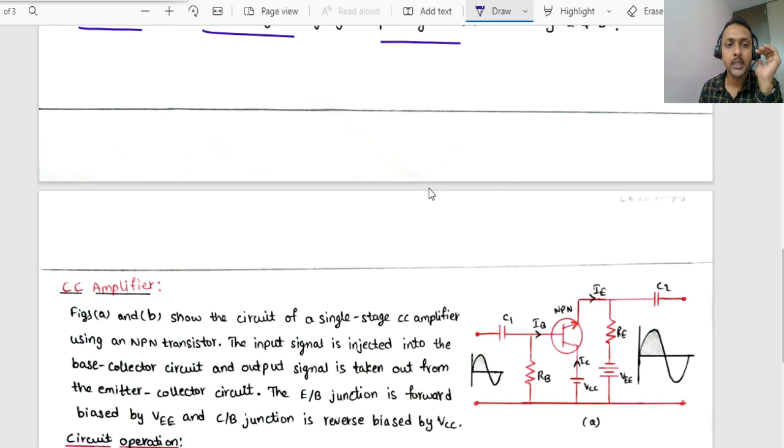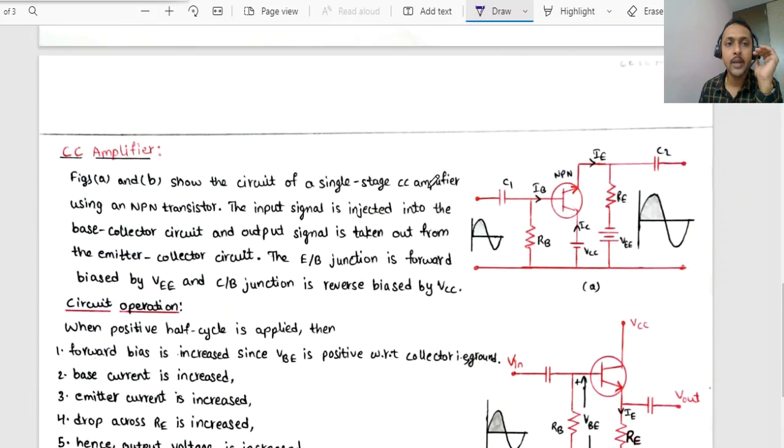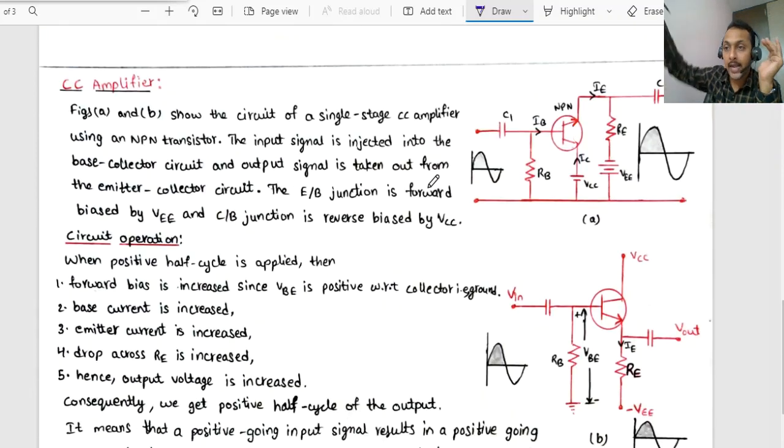Now, dear students, let me discuss the common collector amplifier. As I discussed earlier, in the CE amplifier, the emitter will be common to the input and output. In the common collector amplifier, the collector will be common. In the CC configuration, the collector will be common to both the input and output.